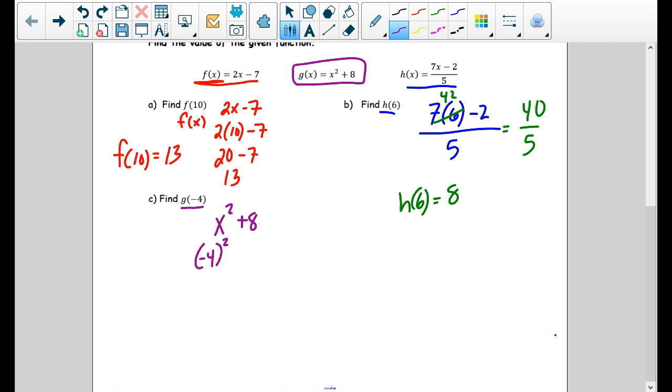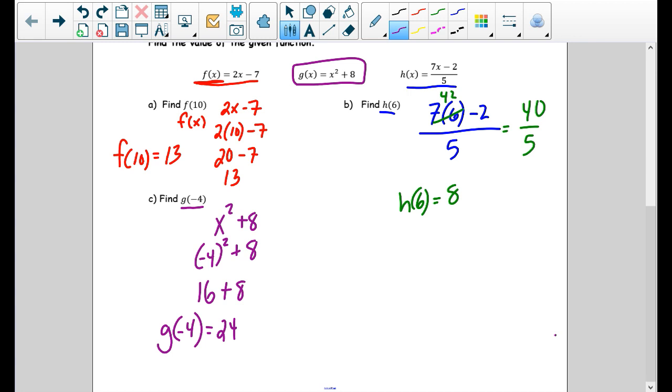If you don't put it in parentheses, and you type it in your calculator, it's going to be the wrong answer. Okay? So negative 4 squared, or negative 4 times negative 4, gives me positive 16. And then 16 plus 8 gives me what? 24. So g of negative 4 is equal to 24.